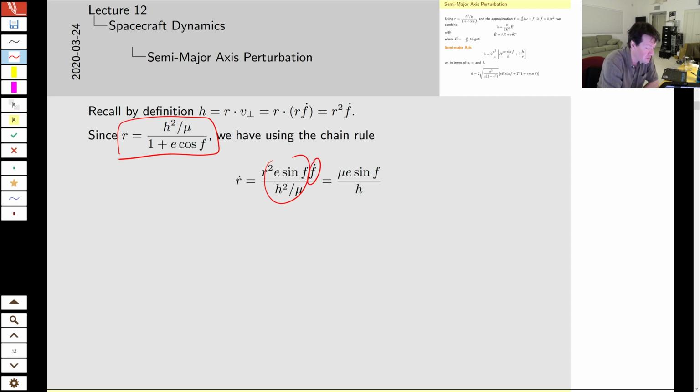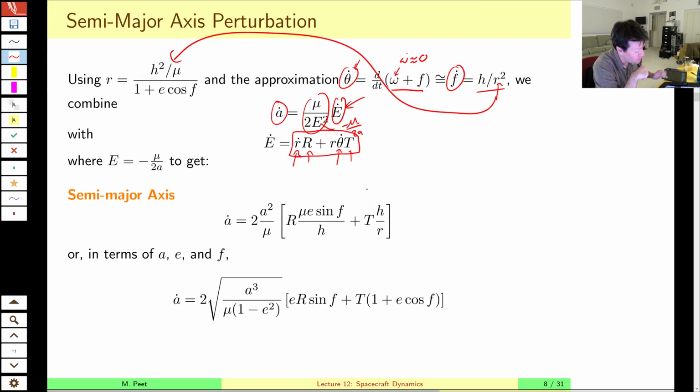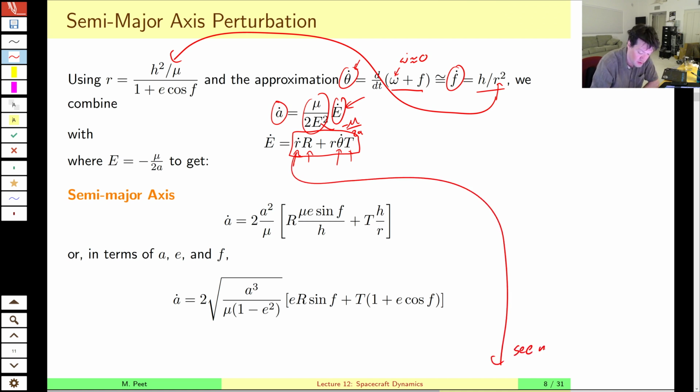We then use our expression for F dot, F dot equals H over R squared. And so we plug all of those terms in, and it simplifies out to simply R dot is mu E sine F over H. Okay. So we go back to the previous slide, and then we plug that term in. I want to indicate that's the note, and this term comes from there.